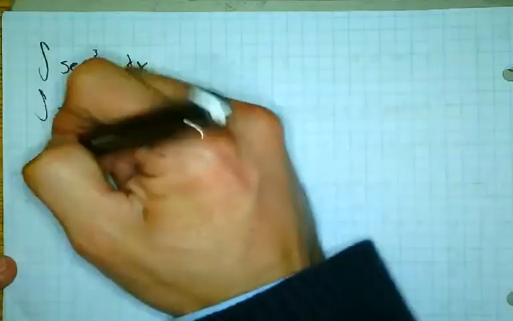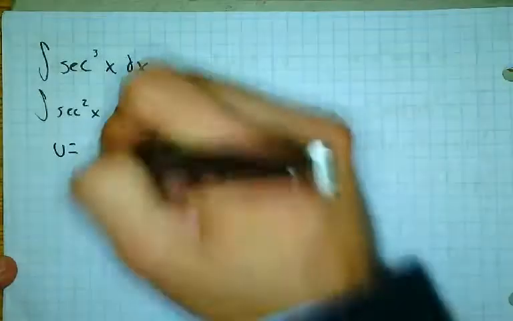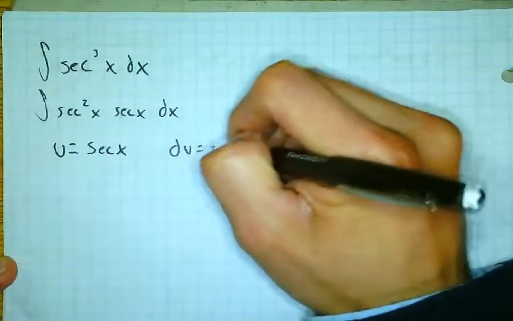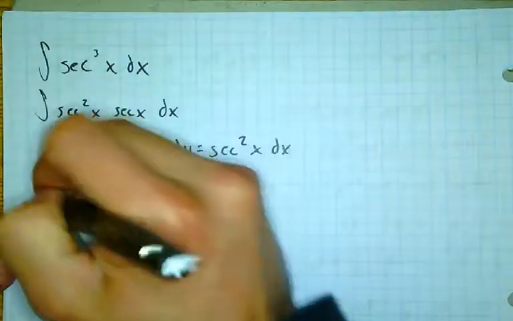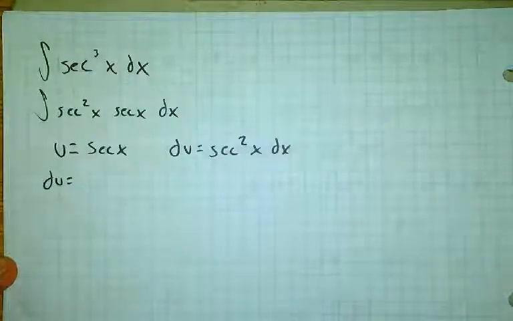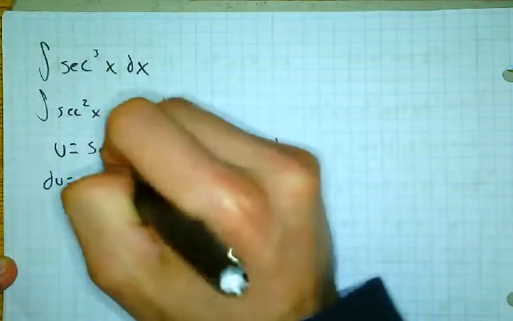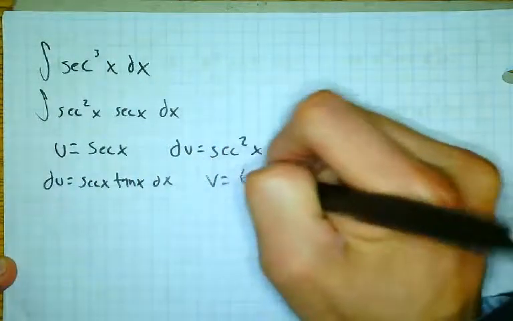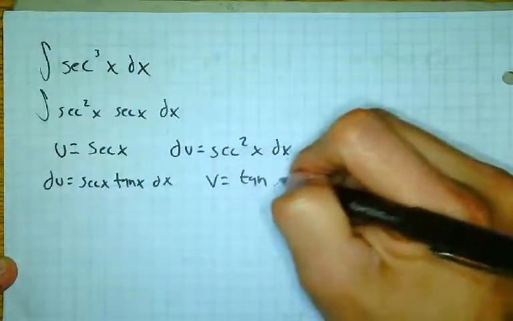So we're going to say u is secant x, which means that dv is secant square x dx, which means that du is secant x tangent x dx, and then v would be tangent of x.